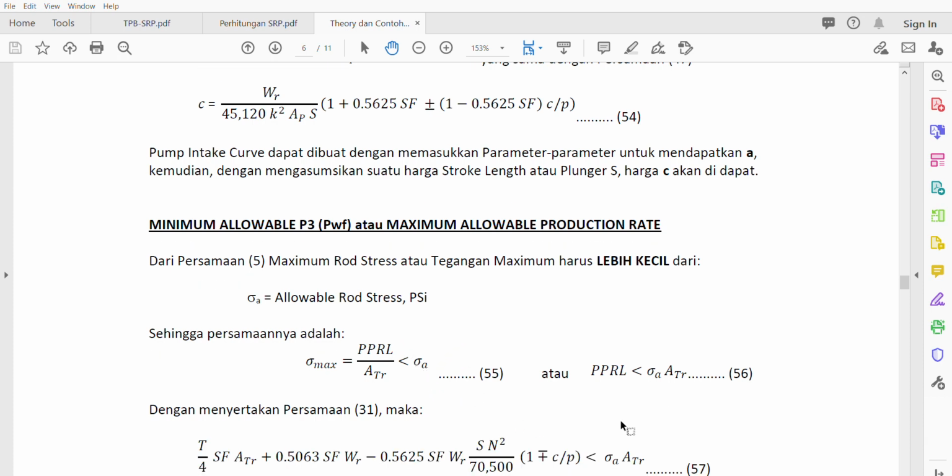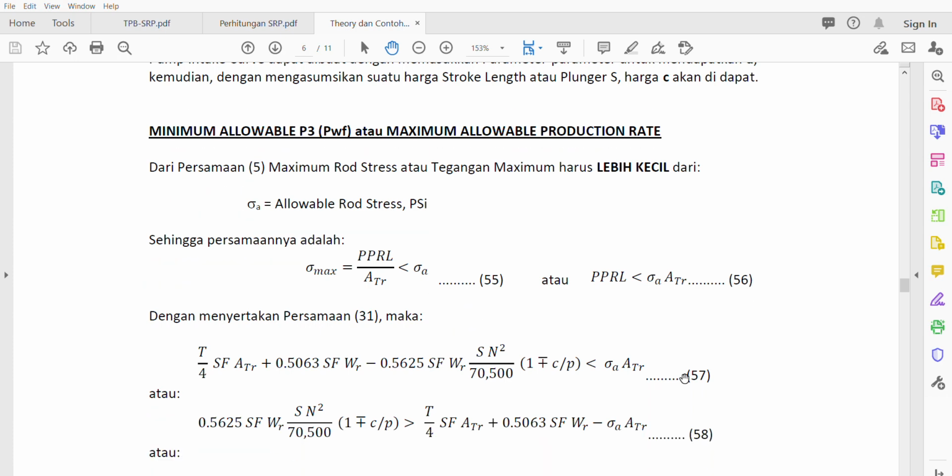So if we rearrange, PPRL has to be lower than tau A multiplied by the area of the top rod.